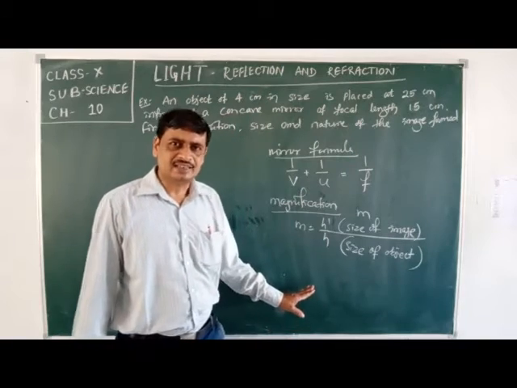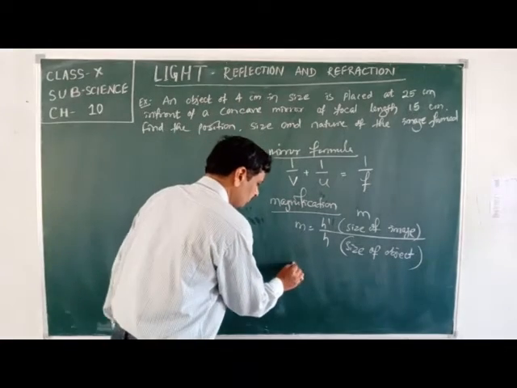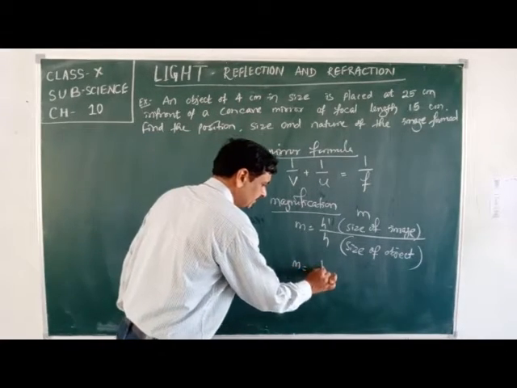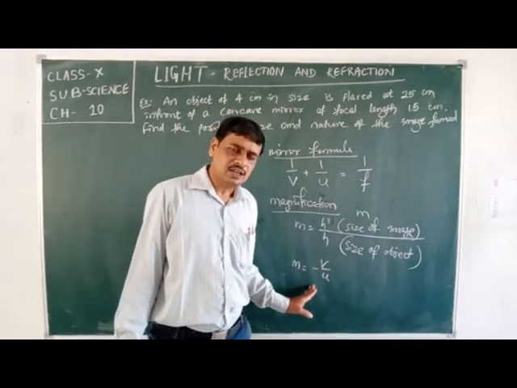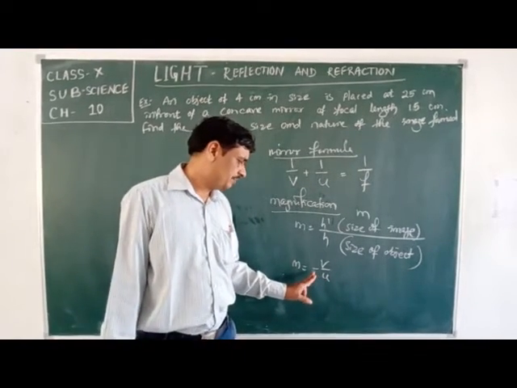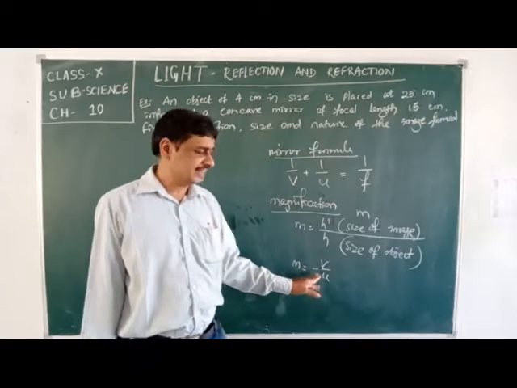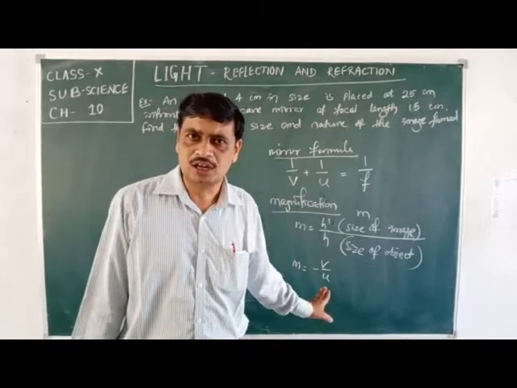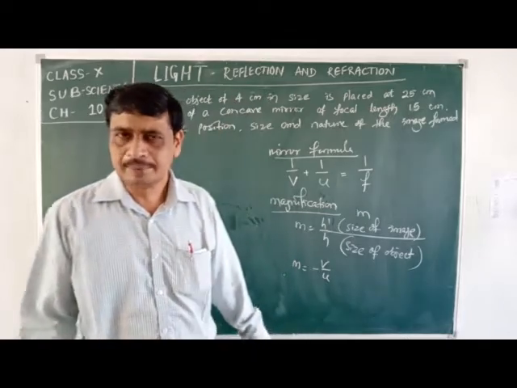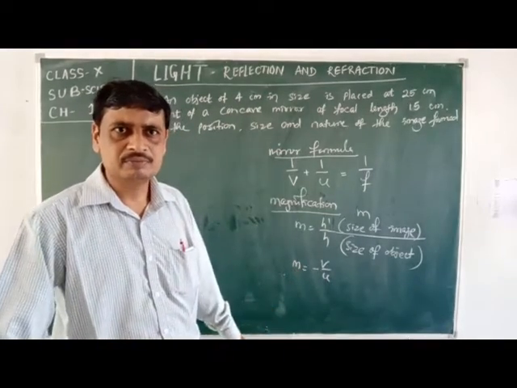This magnification can also be found as minus of v by u. Magnification is also calculated by minus of the ratio between image distance and object distance, minus of v by u.